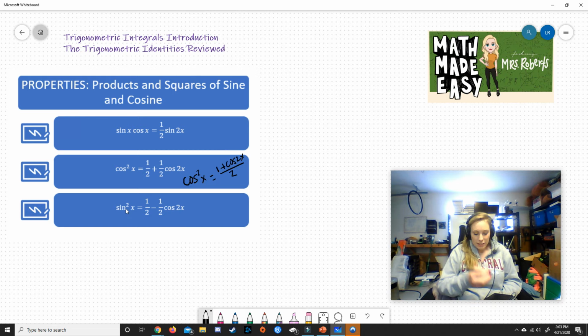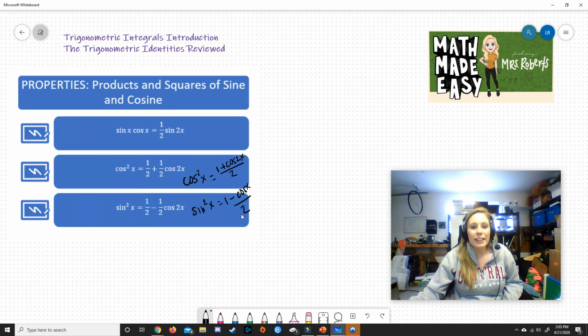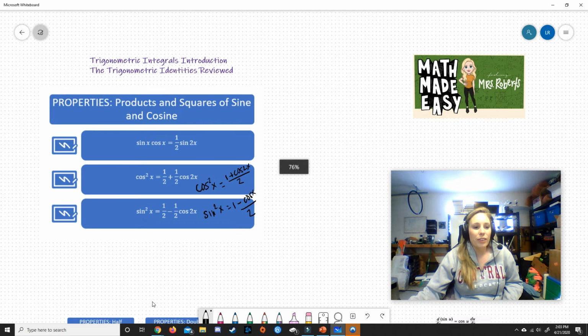And same thing with sine squared of x. Again, this is derived from the half angle formula, and this could be rewritten as sine squared of x equals 1 minus cosine of x over 2. So that's just a couple of your trig identities that you want to have in your back pocket.